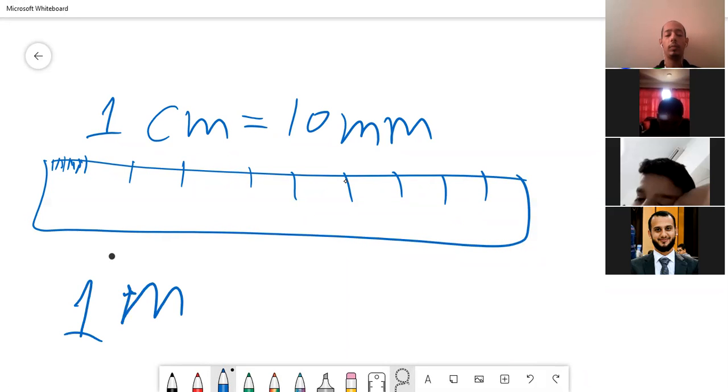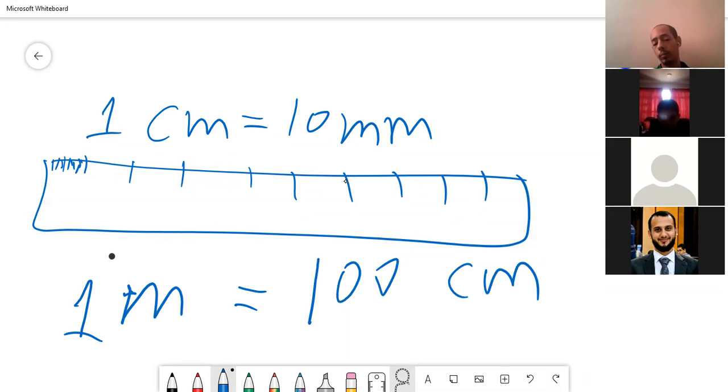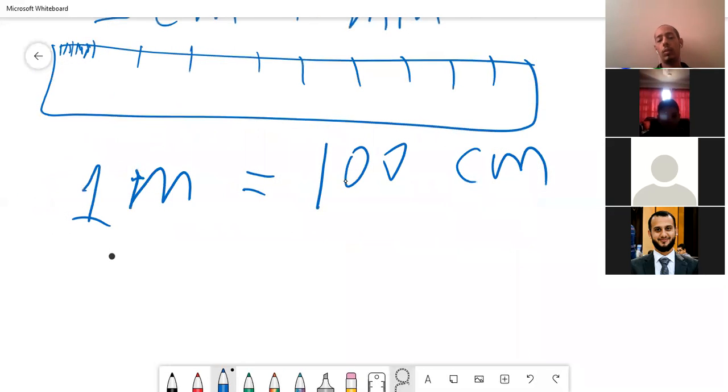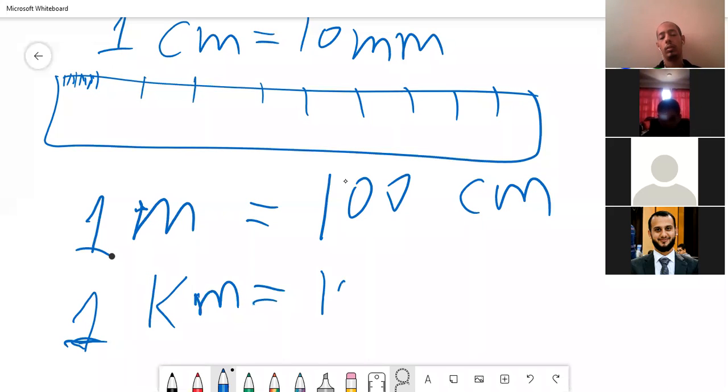If I want to make 1 meter, how many? 100 centimeters. Okay. Then how many meters do I need to make 1 kilometer? 1000 meters, not centimeters.